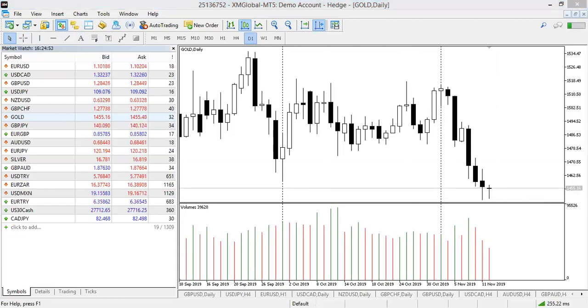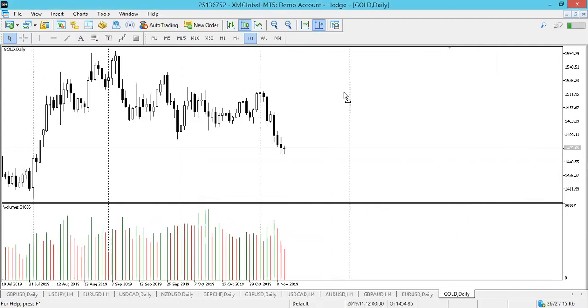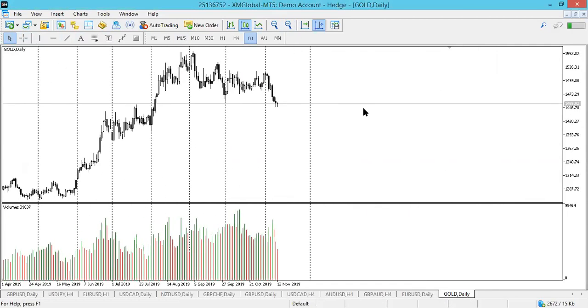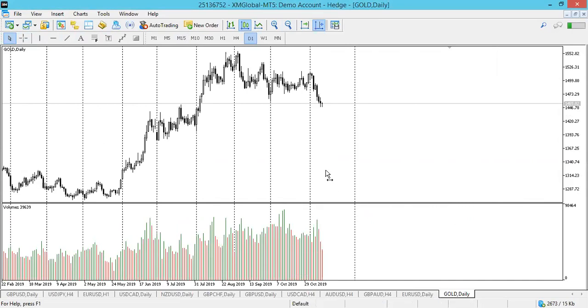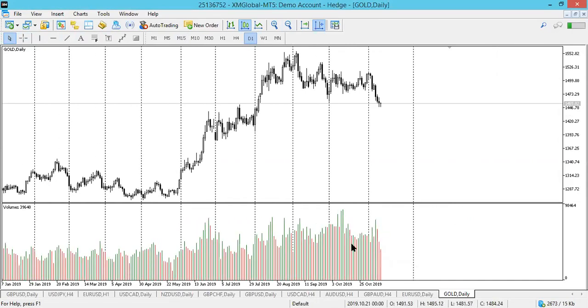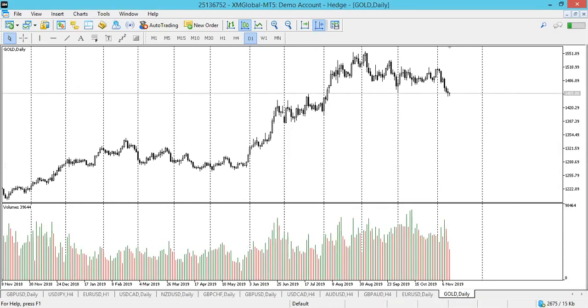What is a reasonable amount of volume to consider? That's the difficult part. Thank you for that question. The reasonable amount of volume to consider is not really based on the number. It's based on how the current volume looks relative to the ones beside it. You can't really quantify tick volume as being a lot or not. You can only say the volume is high if the bars are big and tall compared to the previous ones.